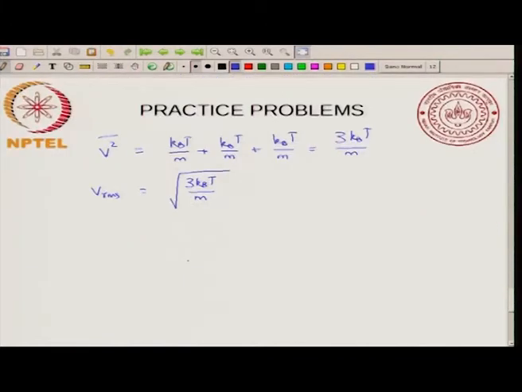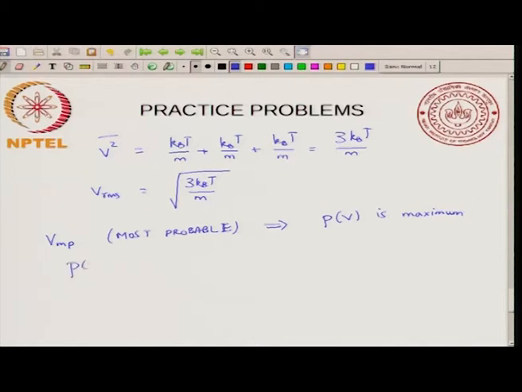Now, what about V most probable? This implies that P of V is maximum. So, where is P of V maximum?